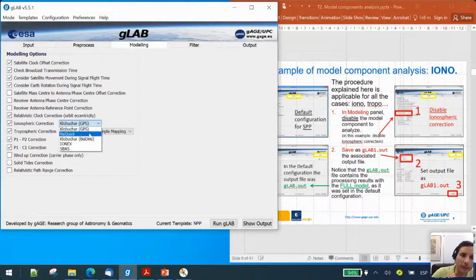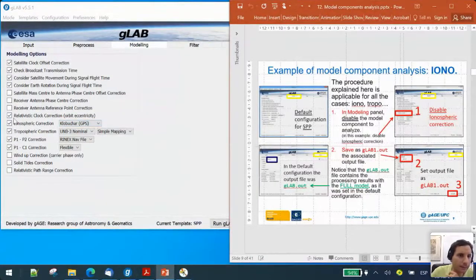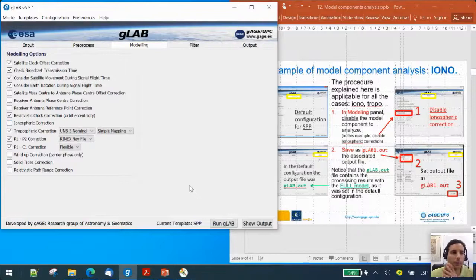We also have NeQuick, the equivalent broadcast model for Galileo. And we have one for Beidou, the Chinese constellation that is similar to the American one. And then we have two more ionospheric models that we could use. But let's disable it completely, so no ionospheric correction.